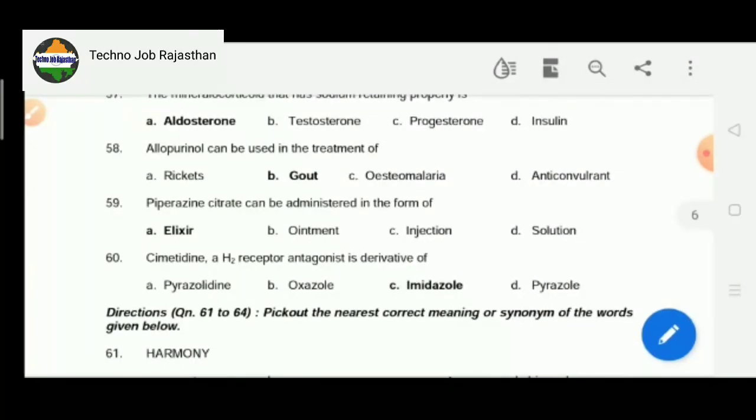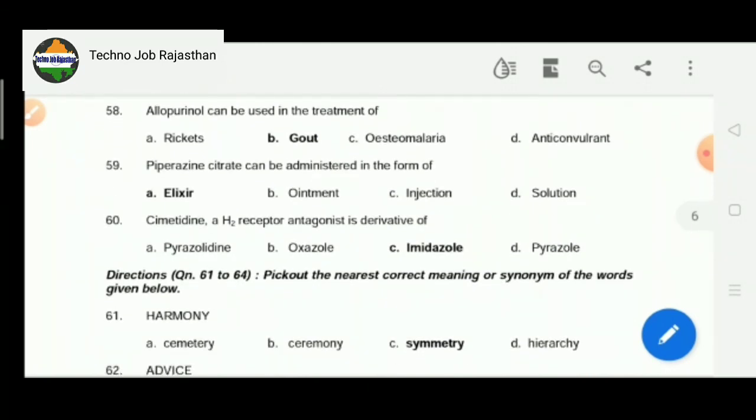Question 58: allopurinol can be used in treatment of option A rickets, option B gout, option C osteomalacia, option D anticonvulsant. So the correct answer is option B, that is gout.